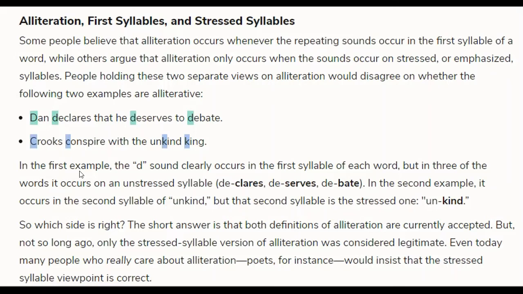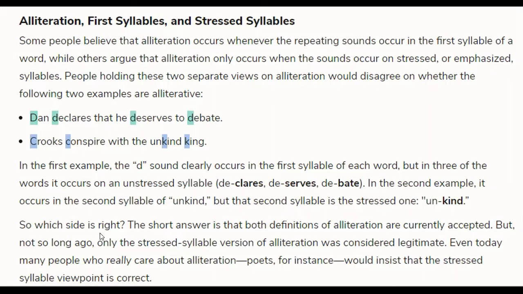In the first example, the D sound clearly occurs in the first syllable of each word. But in three of the words, it occurs on an unstressed syllable: declares, deserve, debate. In the second example, it occurs in the second syllable of unkind. But the second syllable is the stressed one, unkind.